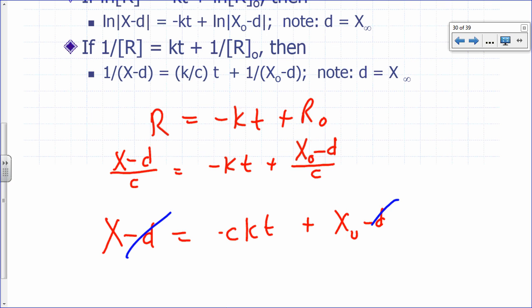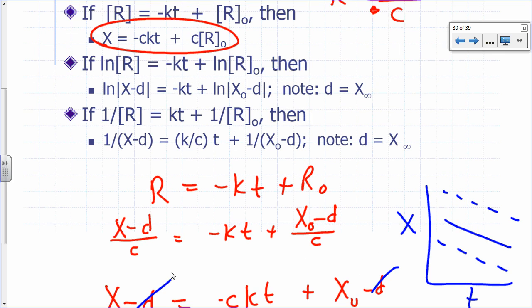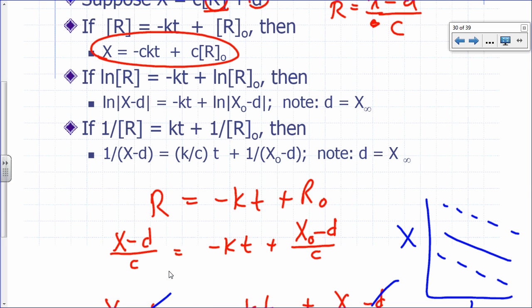So all it does is it shifts your graph upward or down vertically, depending on what D is, your X versus time. So you still have the same slope. It's going to be negative CK. Now, what if you have a first order rate law?